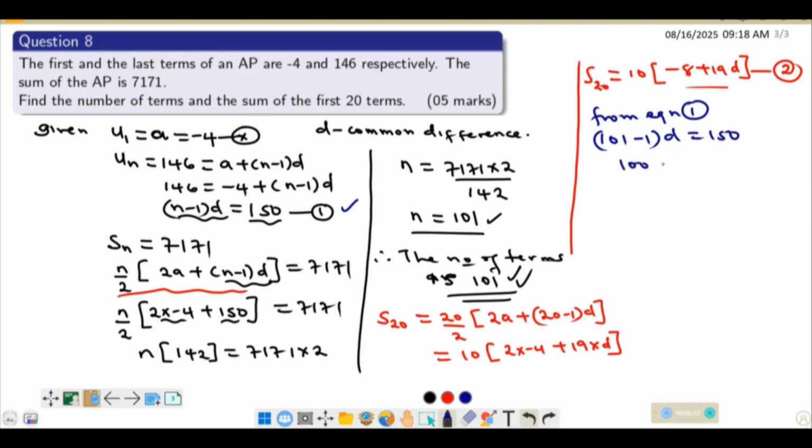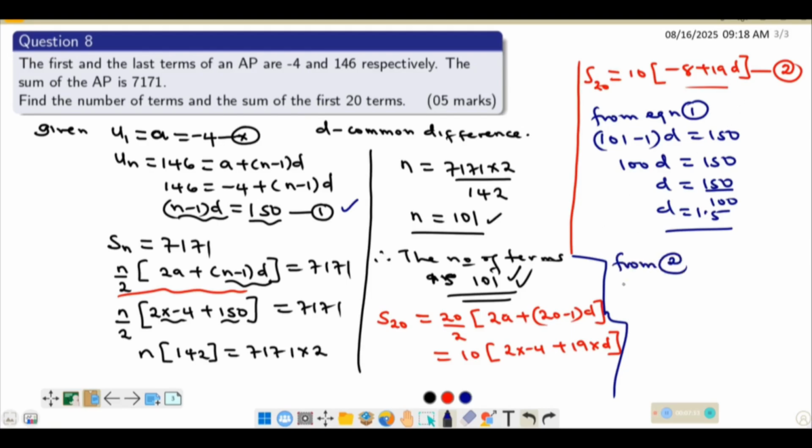So 100d is equal to 150, and d is 150 divided by 100. So our d is 1.5.